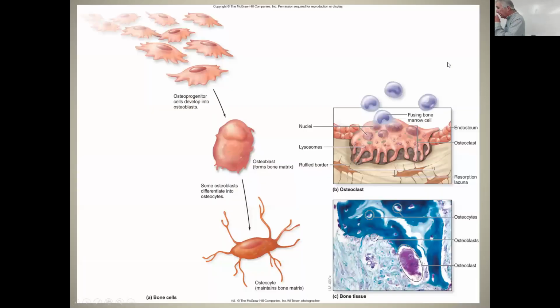Okay, so here's the osteoprogenitor cells, developing into the osteoblast. Osteoblasts lay down bone matrix and become osteocytes. Over here are the osteoclasts right here. Fusing bone marrow cells become these big, like I said, multinucleate cells that break bone down.